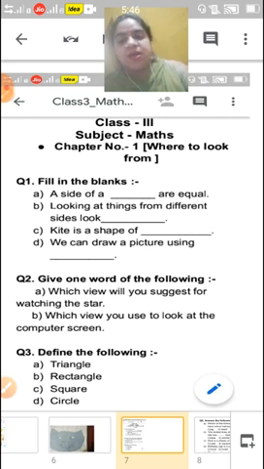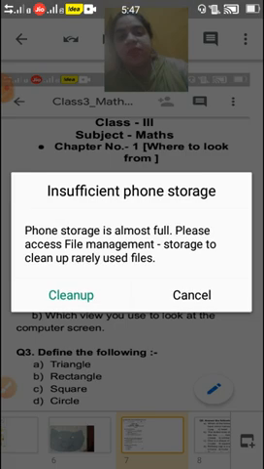A rectangle is a four-sided shape whose corners are all 90-degree angles. Each side of a rectangle is the same length as the one opposite it. Now next, square. Now children, what is a square?